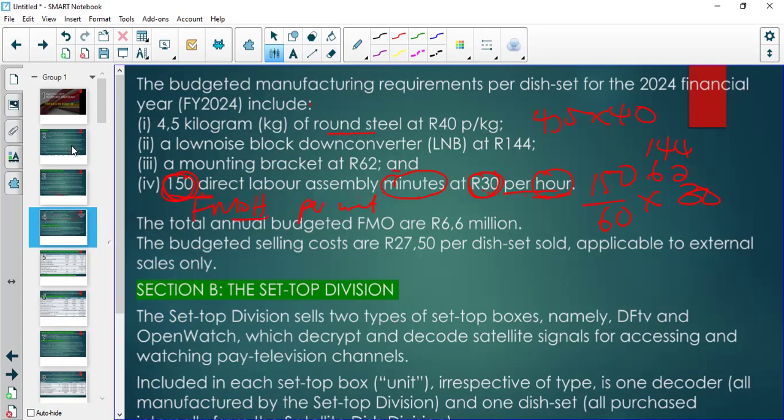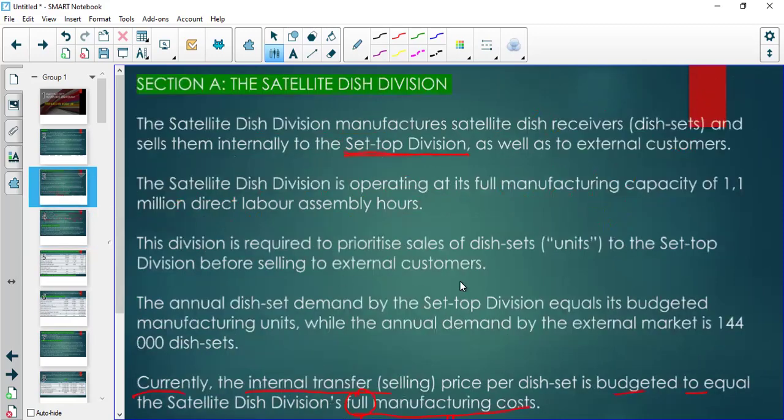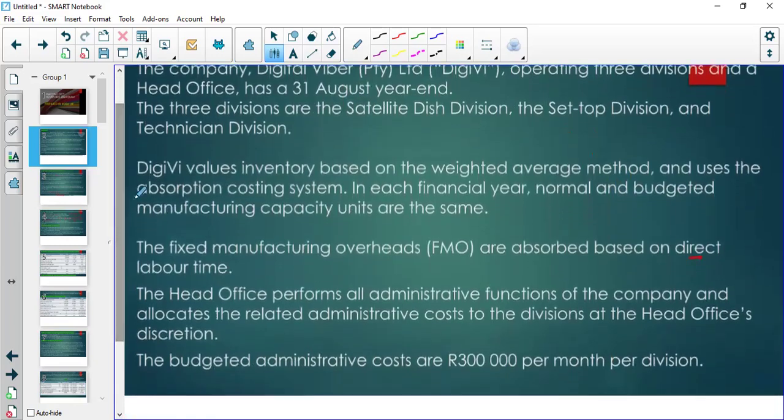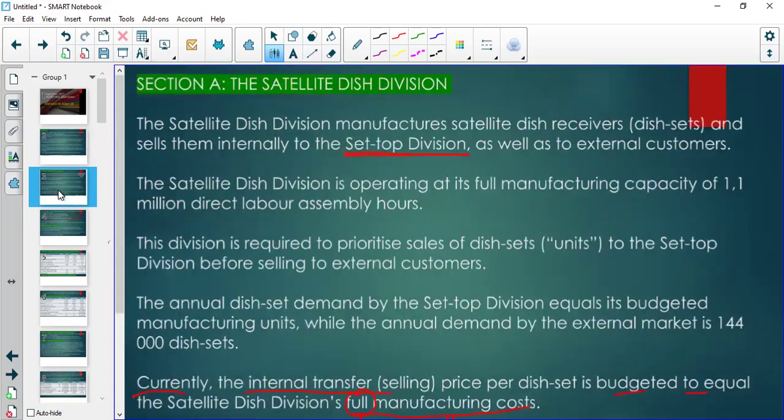You remember that our maximum, what is the basis for the absorption of fixed manufacturing overheads? The basis, remember that we did discuss that earlier, direct labor time. So we can determine the total direct labor time. Right. This is the capacity. We normally don't use the capacity. We want to use the budgeted direct labor hours.